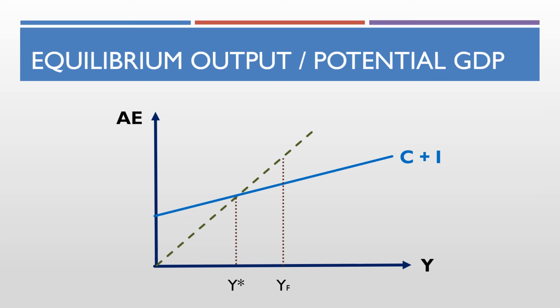However, this macroeconomic equilibrium is not an indication of full employment. In this graph, you might be able to see that the full employment output, or what we call the potential output in the economy, is at YF, but the current macroeconomic output is at Y star.